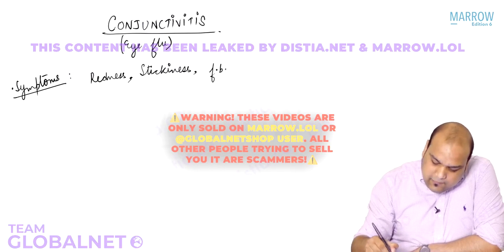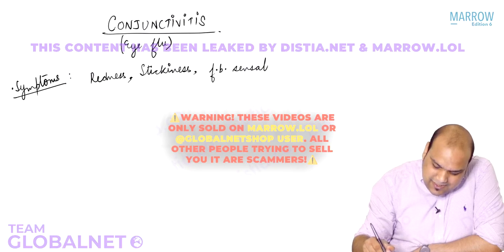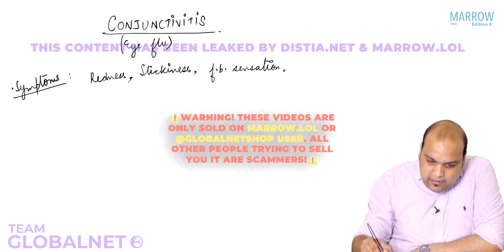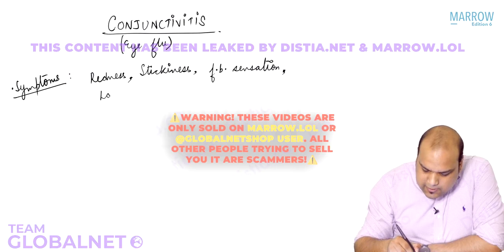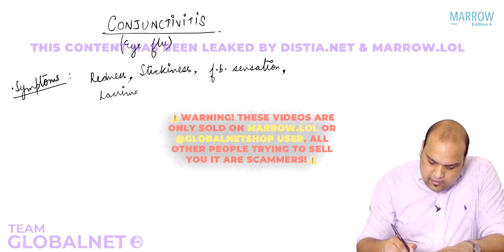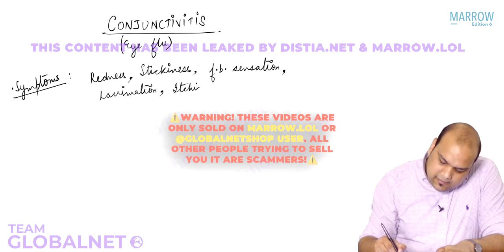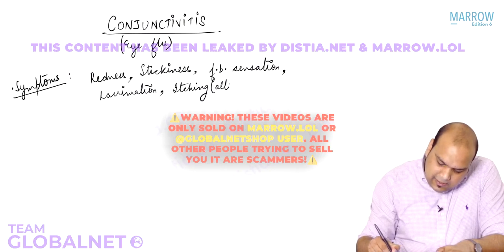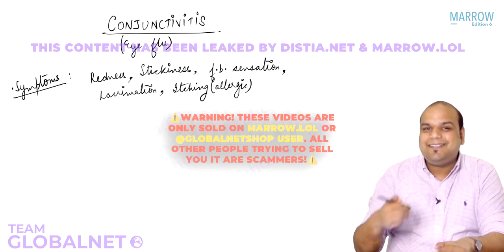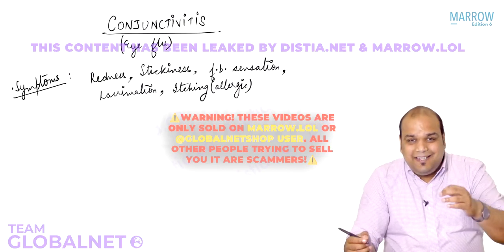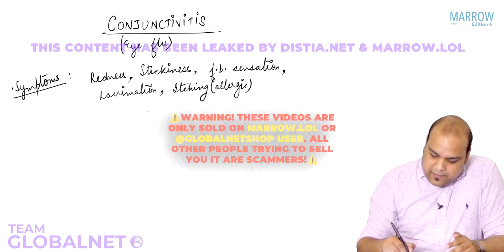Then they may have foreign body sensation, some grittiness. Then they may also have associated lacrimation and itching. Itching is specifically there if it is an allergic case of conjunctivitis. Obviously, itching denotes allergy, everybody, yes?